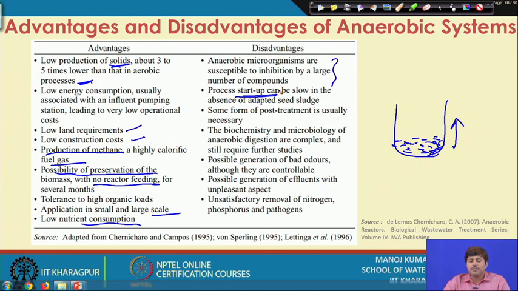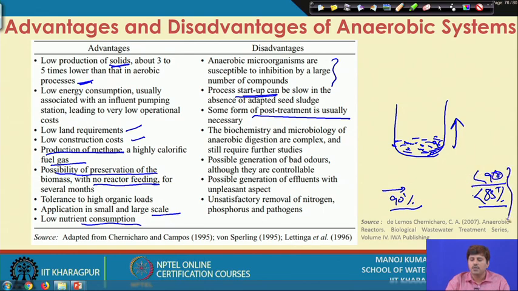At times, depending on the quality of effluent needed, some post treatment becomes necessary. As we were just discussing in the previous slide on aerobic versus anaerobic treatment systems, the effluent from aerobic treatment systems generally has removal of the order of 90% or higher, but in anaerobic systems the removal efficiency is generally less than 85% or so, or definitely less than 90% for most cases.